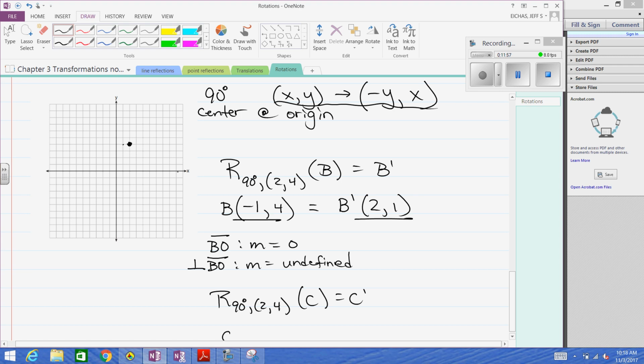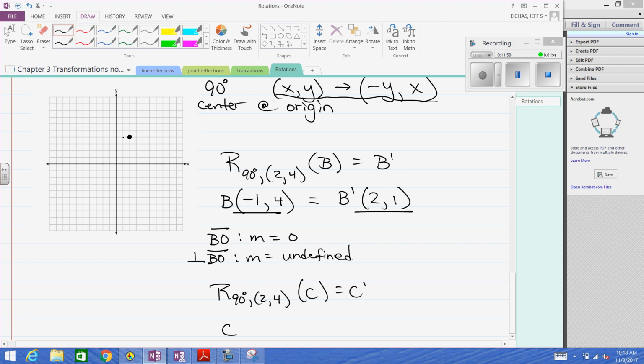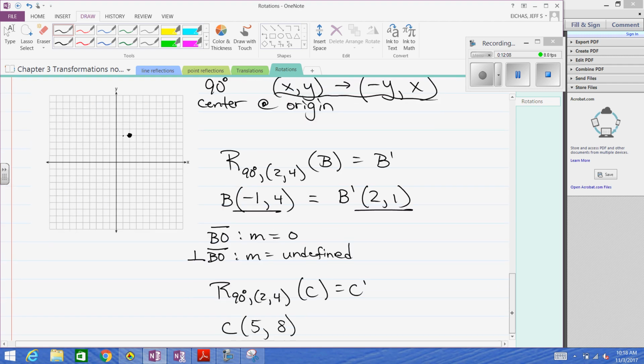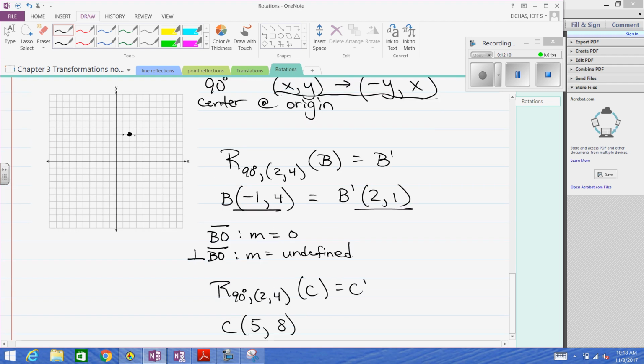Let's go over with C. All right, we're going to try the point 5, 8. Okay, it's going to make it much more difficult, but we'll work through it. So 5, 8 is right there. Okay, so there's 5, 8. That's C.